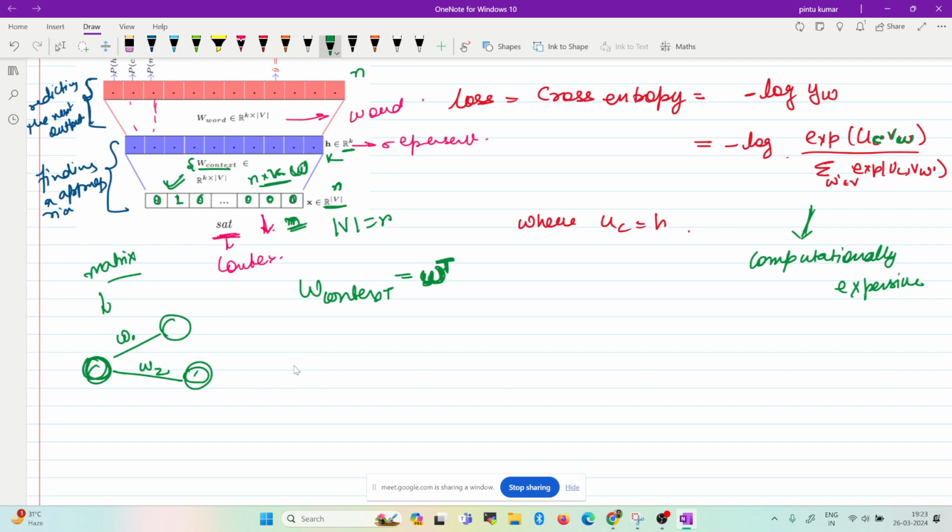If you want to write it as number of inputs into number of outputs, the size of this as 1 cross 2, how should you write it? This should be 1, this is W1 comma W2. So how do you obtain the output?